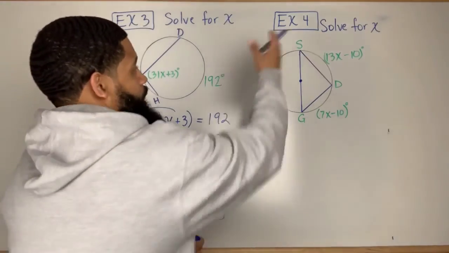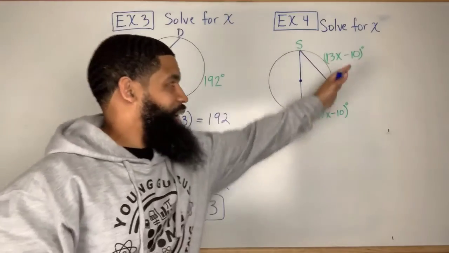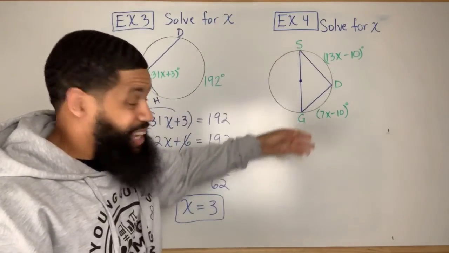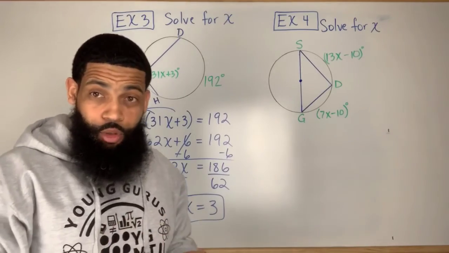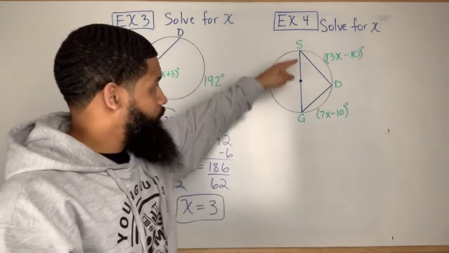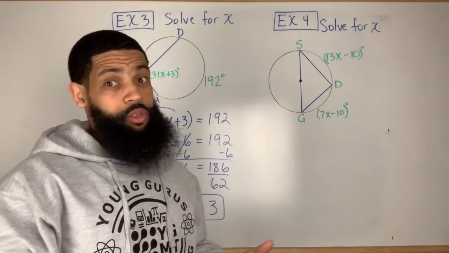All right, last example. What we want to do is we want to find x again. Now, notice that segment SG is a diameter, okay, which means it goes directly through the center of the circle. So that means that arc SDG is equal to 180 degrees.